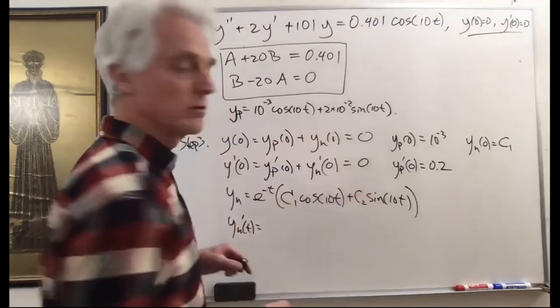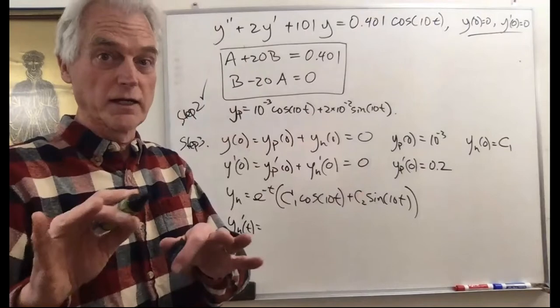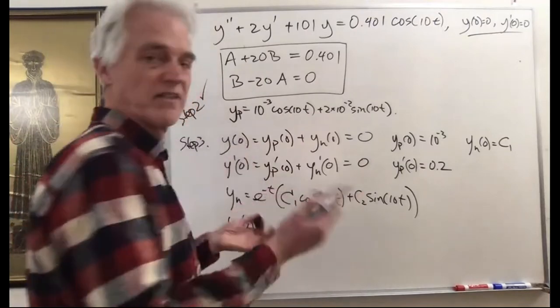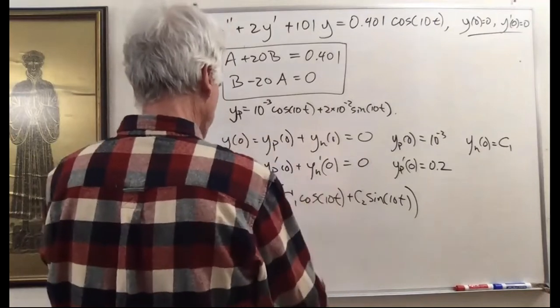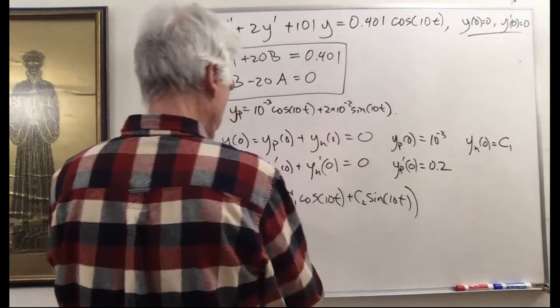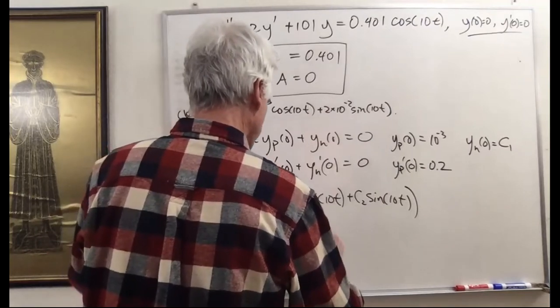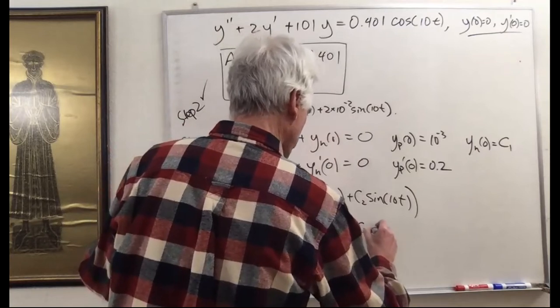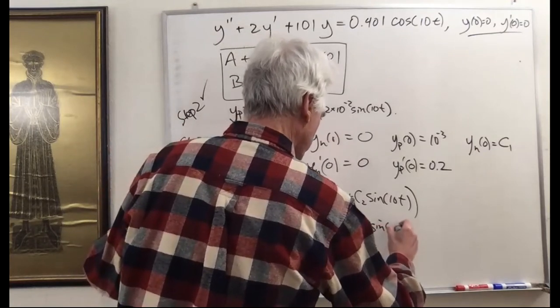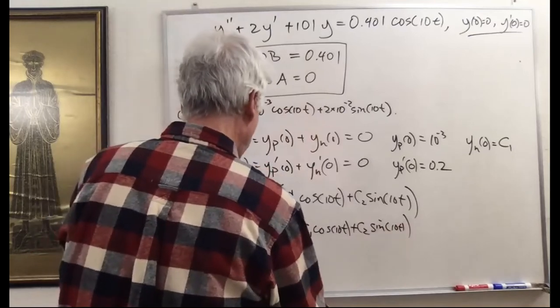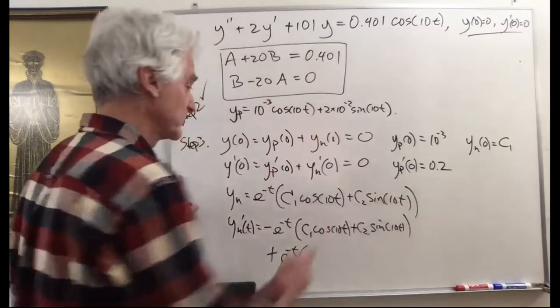YH prime of any t is, well, I'd have to use the product rule, right? And it's kind of nice to factor out the e to the minus t first for this. I get minus e to the minus t, the derivative of the first times the second, C1 cos 10t plus C2 sine of 10t. And then I have plus the first, e to the minus t, times the derivative of the second.